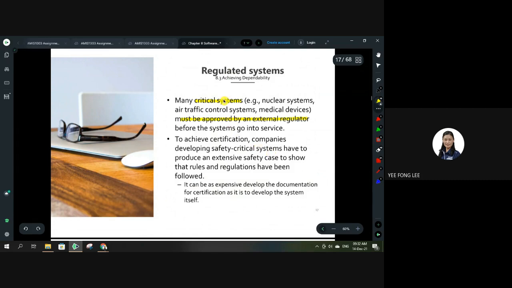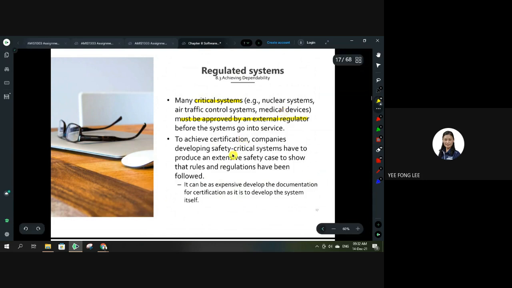Many critical systems are regulated systems, which means that the use of the system must be approved by an external regulator before the system can go into service. Clear on this one? Examples given here are medical devices, air traffic control systems, and nuclear systems.